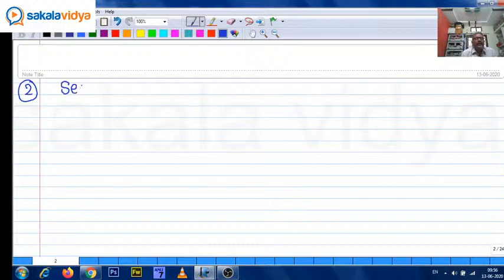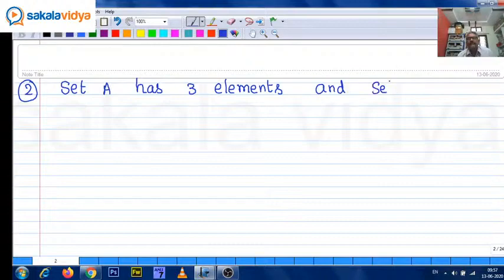Set A has 3 elements and set B has 4 elements.